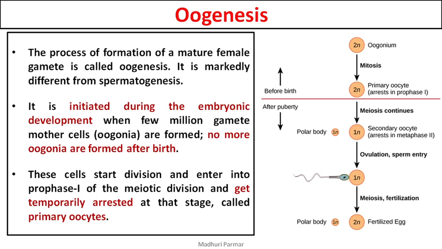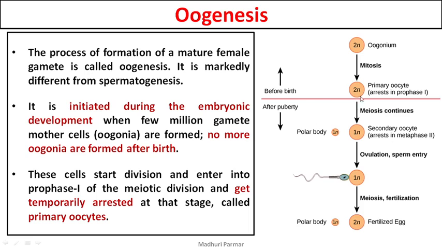These cells start division. The oogonia you can see divide by mitosis so that you have a lot of other oogonia. These oogonia undergo the first stage of meiosis, only the beginning of meiosis happens. So in the beginning, you have meiosis 1. In meiosis 1, if you remember, there is prophase 1, and in prophase 1 there are 5 different stages.